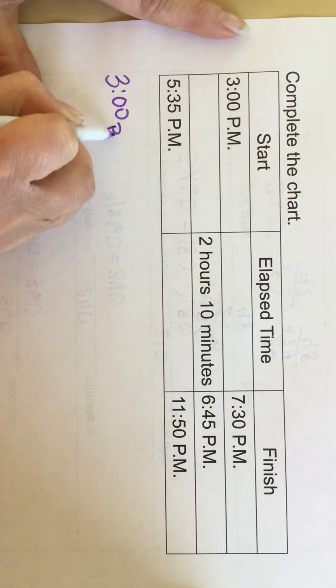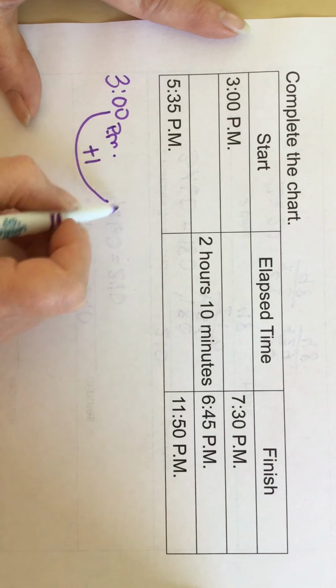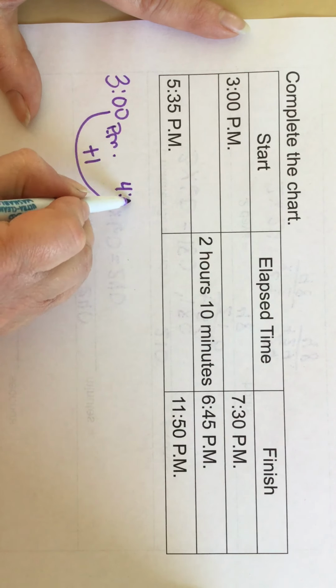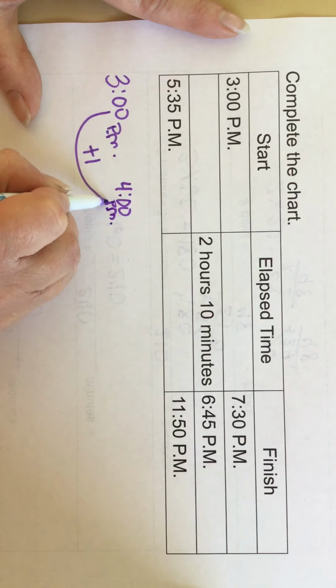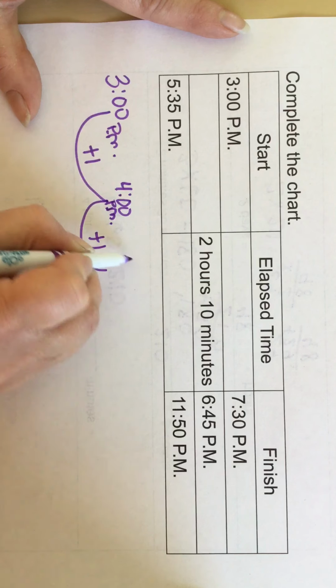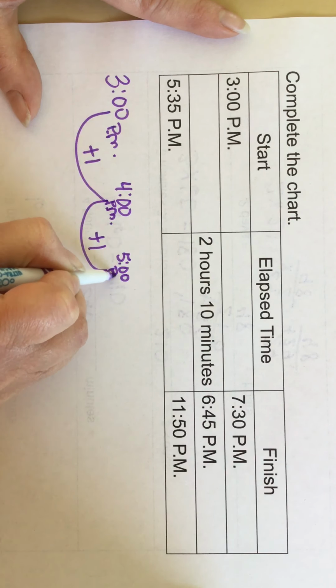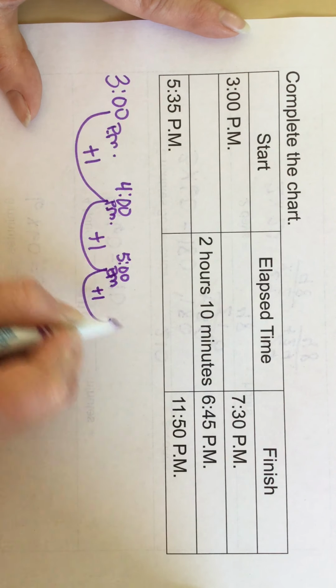So we start with 3 p.m. and I'm going to add an hour until I get to 7:30. I add one more hour and I get 5 p.m. Add another hour.